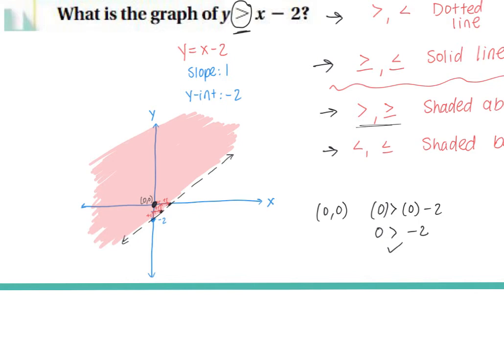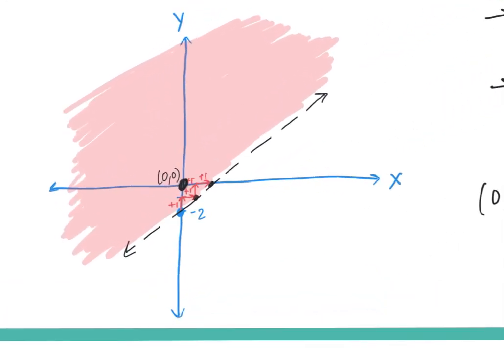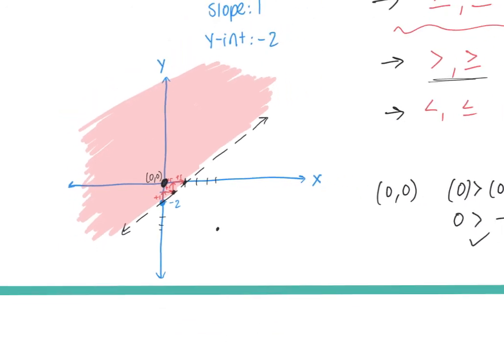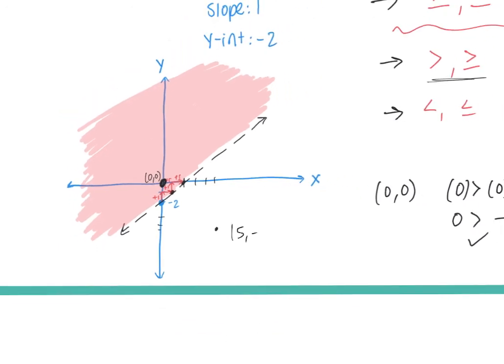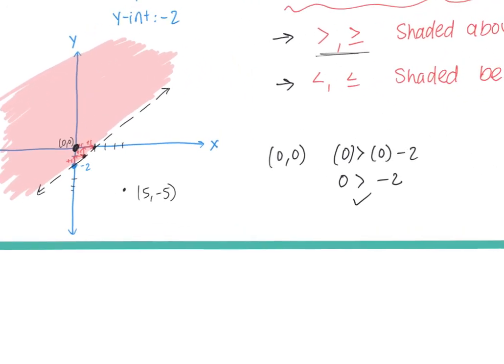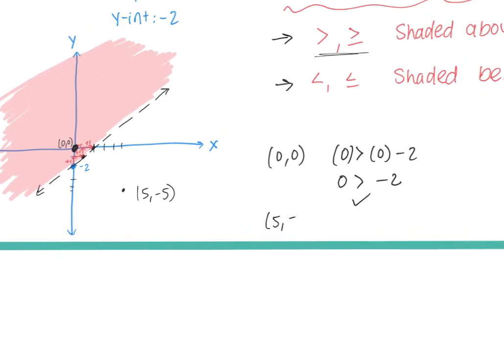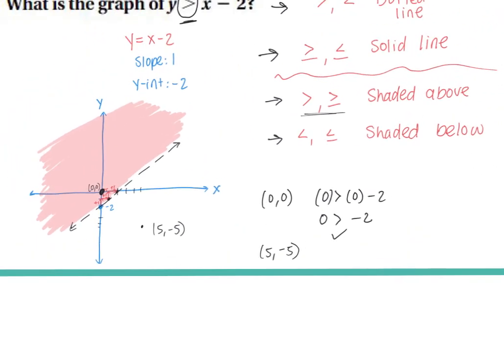Let's pick a point that's outside of the shaded region. Can anyone tell me a point that's outside the shaded region that is not in red? Give me any point. What's that? 5, -5. So 5, -5 would be here and then down 5. Yeah, it's somewhere way out here. Let's try out that point. 5, -5. So for x, we're plugging in 5.